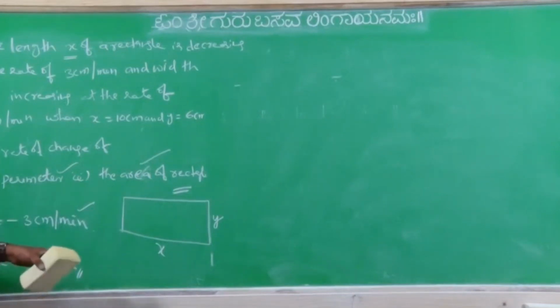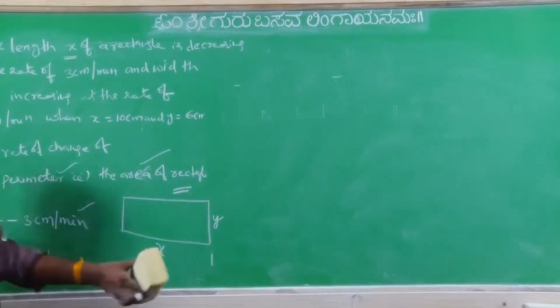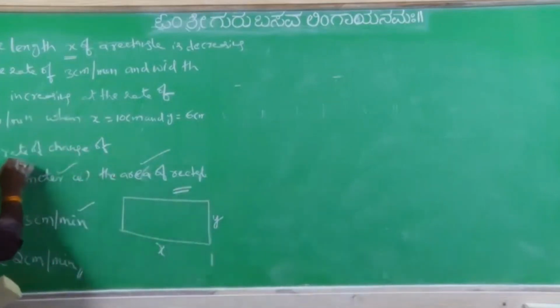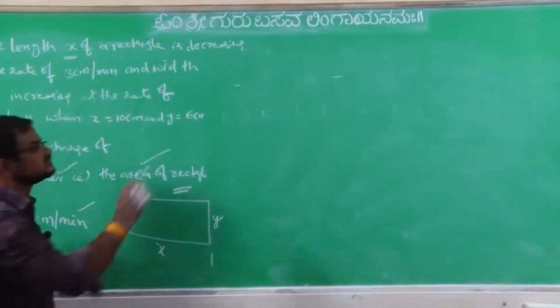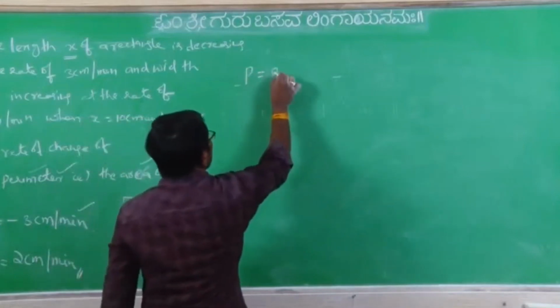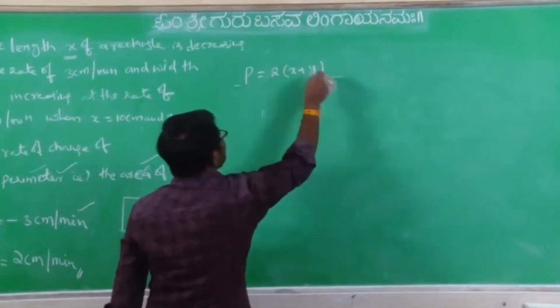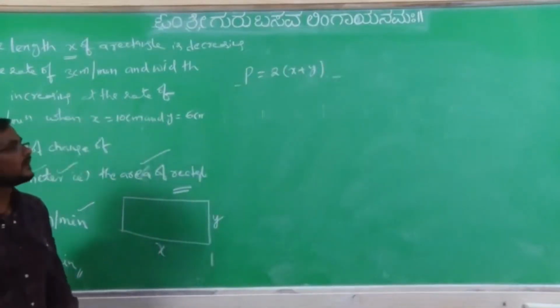Next what we have to do, first we find the rate of change of perimeter. P equal to 2 into x plus y.